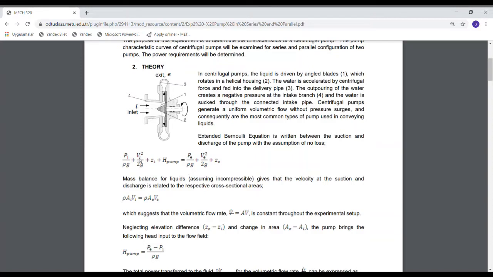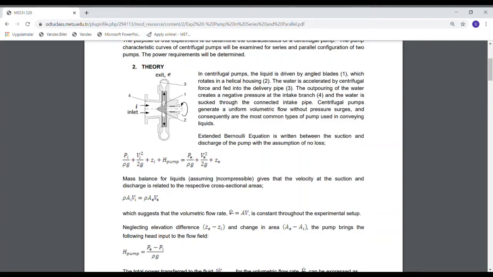Similarly, Vi is the velocity at the beginning and Ve is the velocity at the end of the pump. And Zi is the elevation head at the beginning, and Ze is the elevation head at the end of the pump. And we have here the pump head.